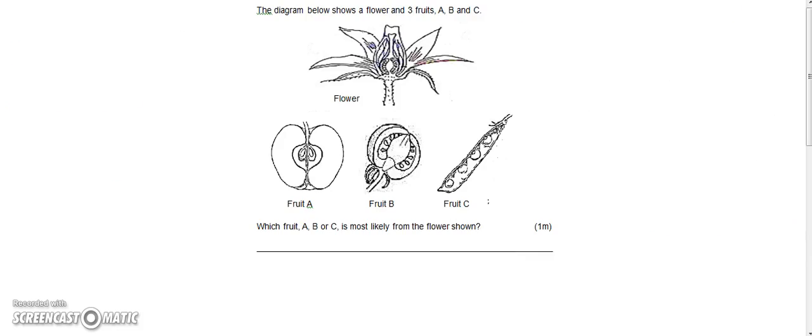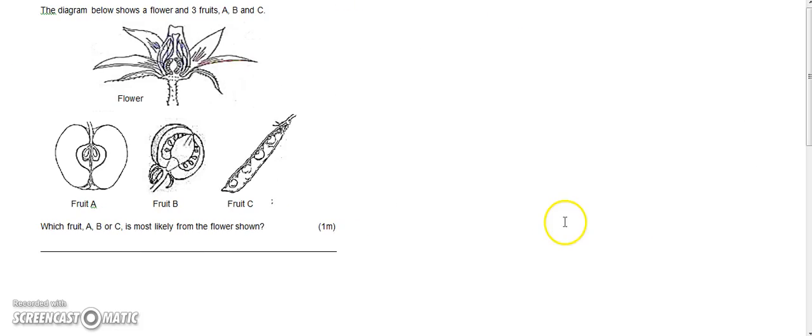Okay, the next part of the question. The diagram below shows a flower and 3 fruits, A, B, and C. So look at the flower, look at the ovary. Remember, the ovary will become the fruit.